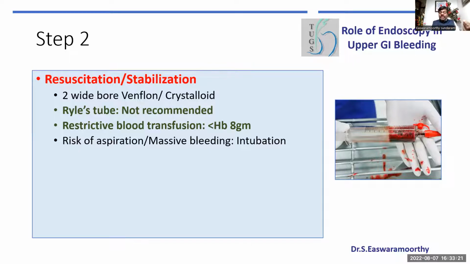The second risk in most of these massively bleeding people is aspiration. Never hesitate to intubate. In massively bleeding, unstable patients with very severe bleeding, intubate and you have control, because the days are gone when I used the Sengstaken-Blakemore tube. If you ask me now, I'll tell you the Sengstaken-Blakemore tube is now in the fridge.